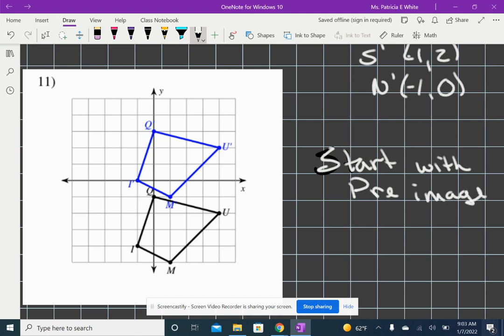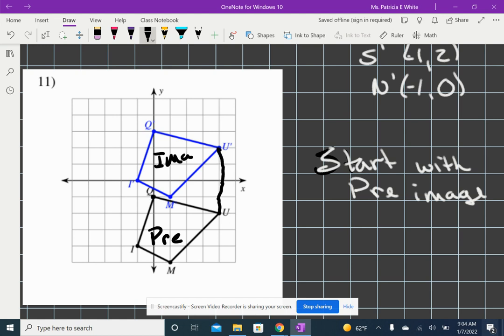Remember, without the prime, without the apostrophe is your pre-image. This here is your pre-image, and this is your image. We're going from the U to the U prime. So what rule did I have? Did the X move? Nope, but it did go up 1, 2, 3, 4.